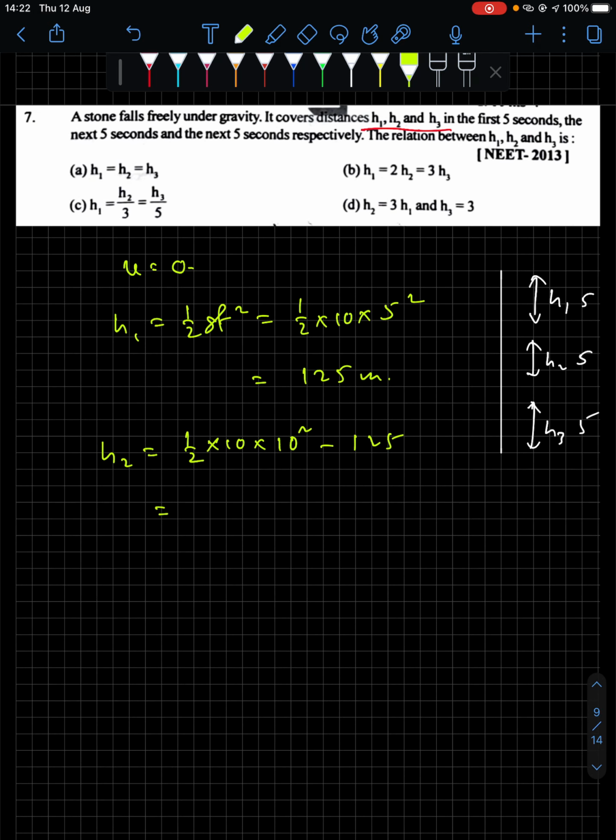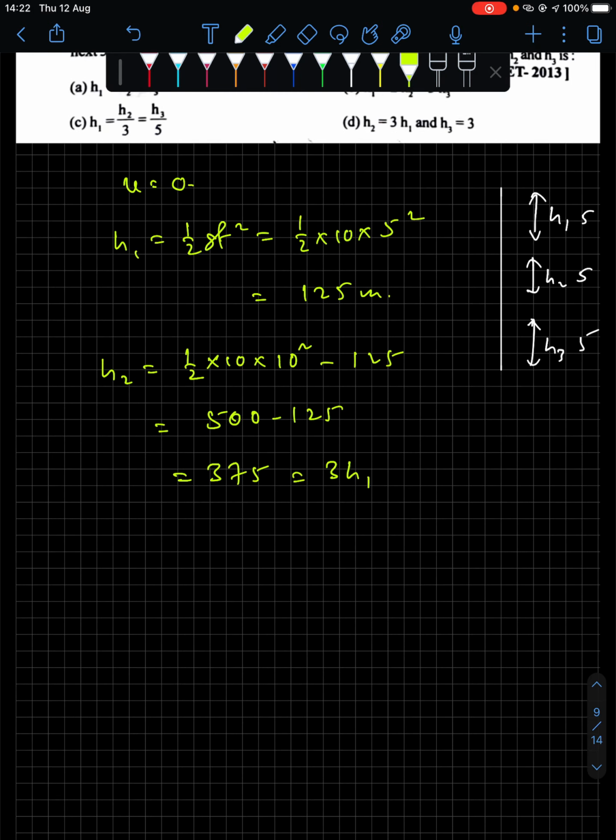So this will give you 500 minus 125, which is 375. Now 375 is 3 times h1. So h2 is 3 times h1 here.